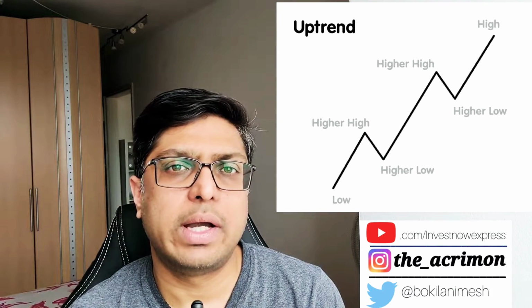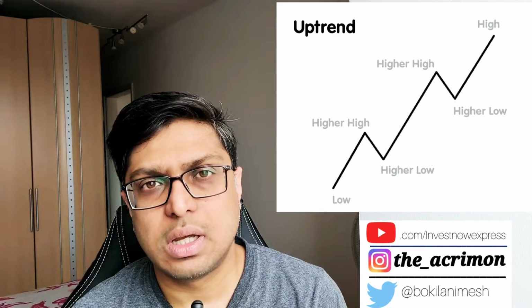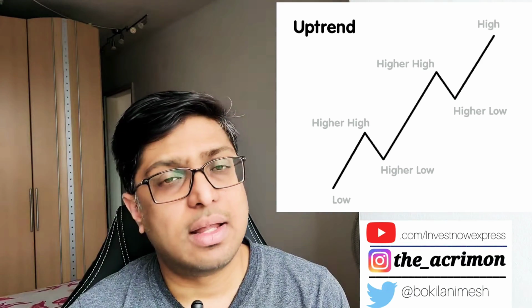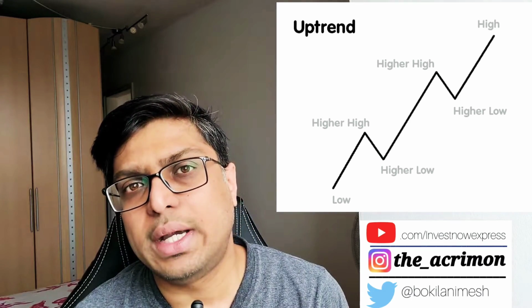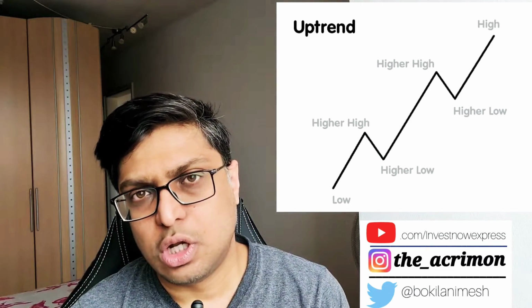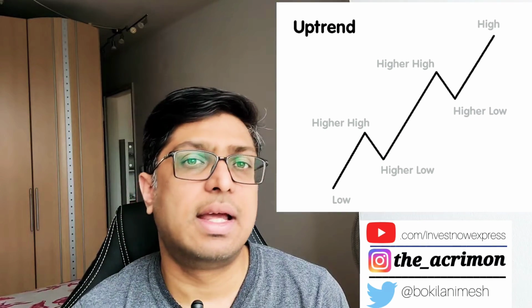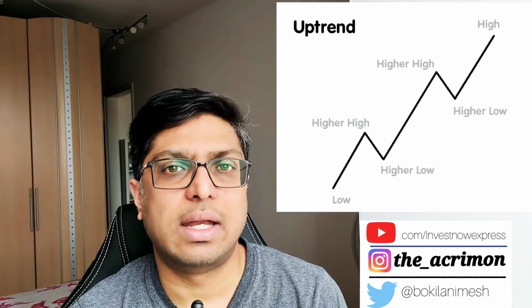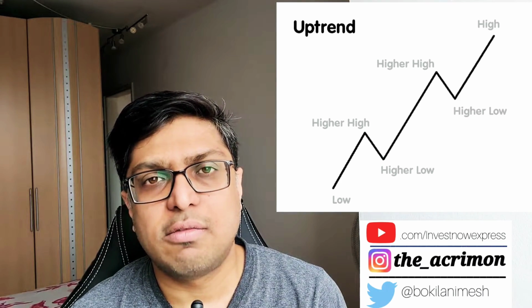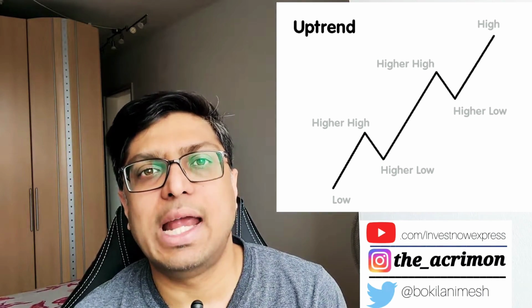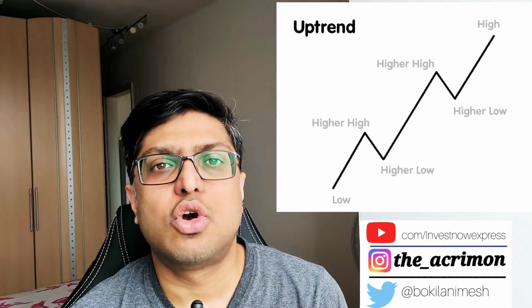Again, it went up to 20 rupees, fell down to 15 rupees. 10 was the highest yesterday, but next day it went to 20 and fell down to 15. So the lower point, which is 15, is greater than the highest point, which is 10. This is called a high low. So whenever we get a combination of these high lows, we know that the stock is in an uptrend movement.